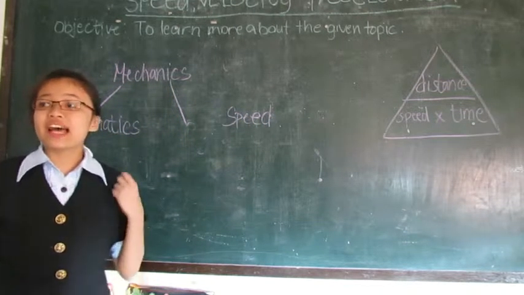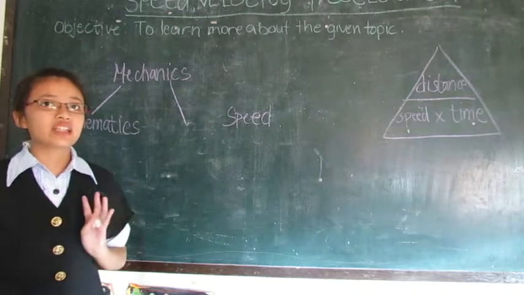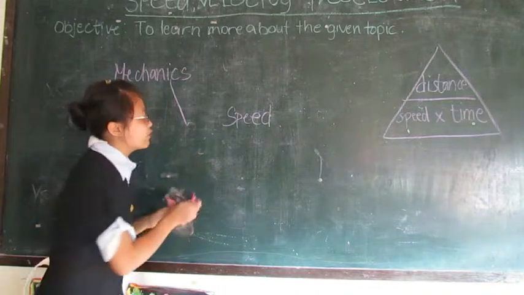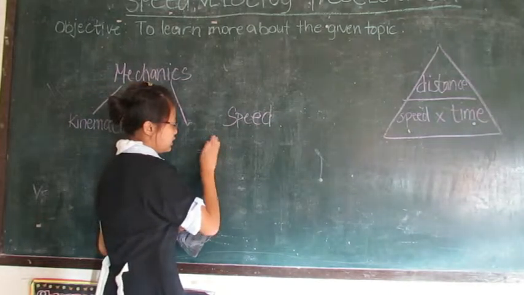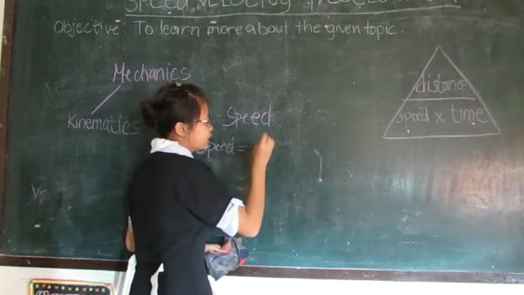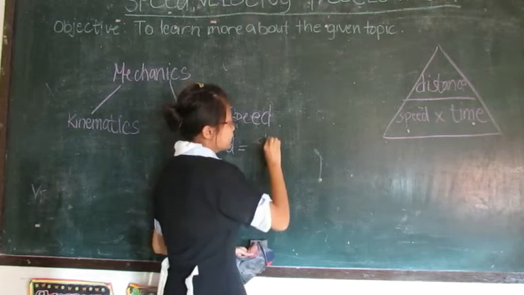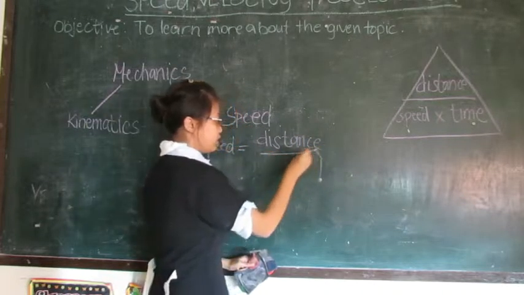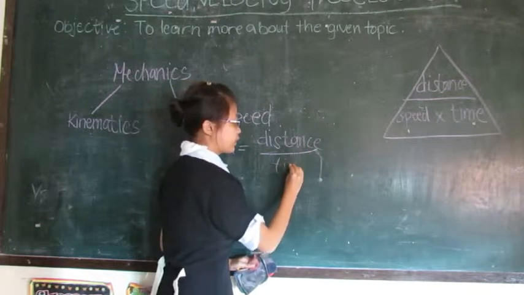Speed is defined as the distance traveled in unit time. So speed can be derived from the formula speed equals distance over time.